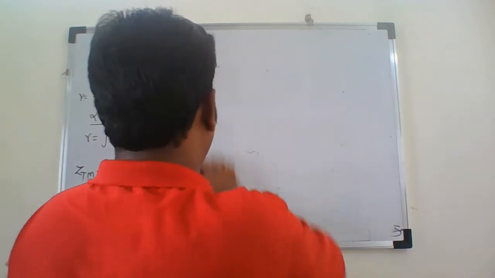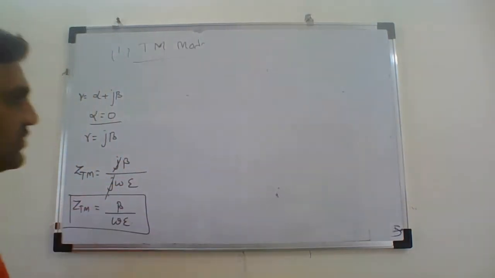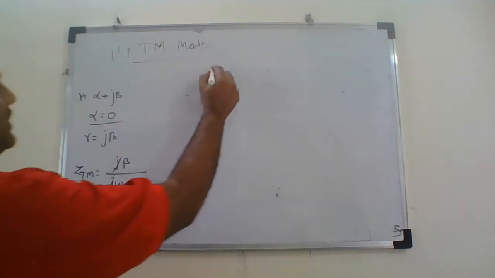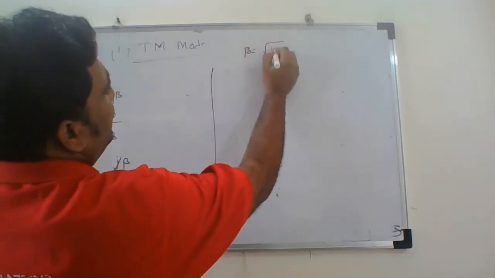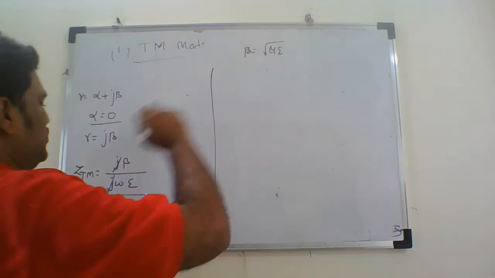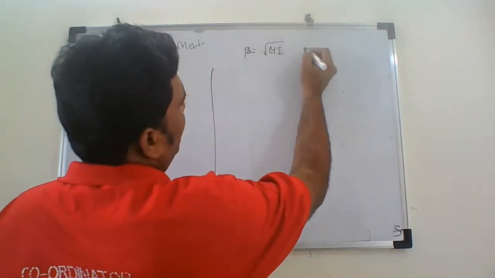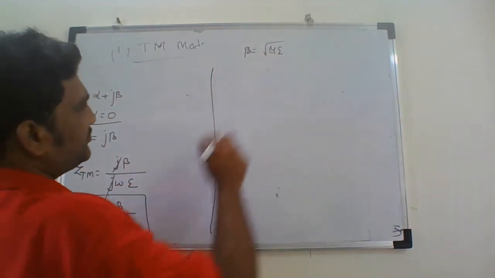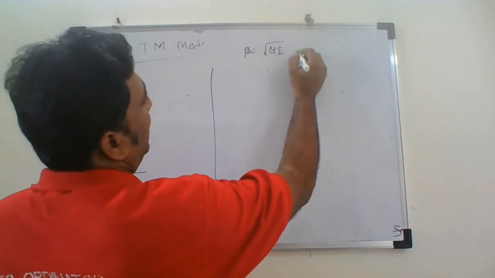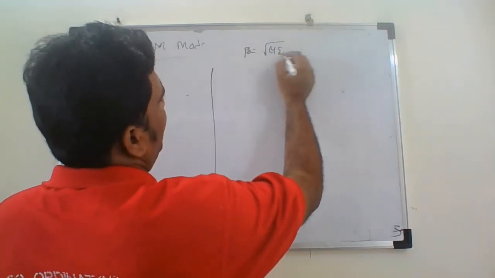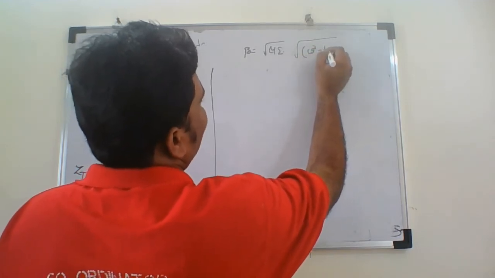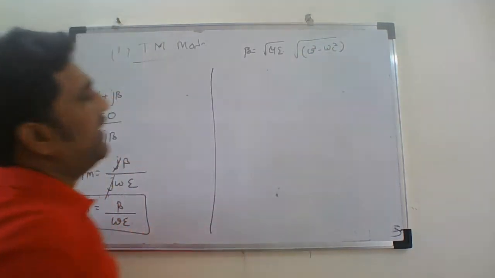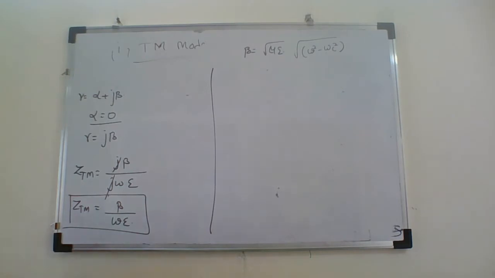In terms of frequencies, we know that beta is equal to root of mu epsilon into root of omega square minus omega c square. This is the expression for the phase constant that we calculated earlier.